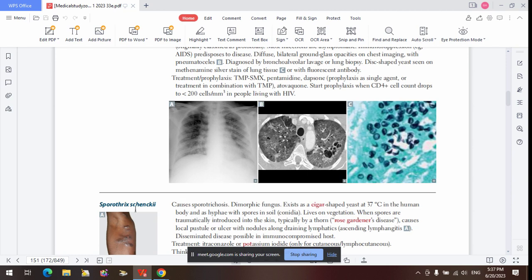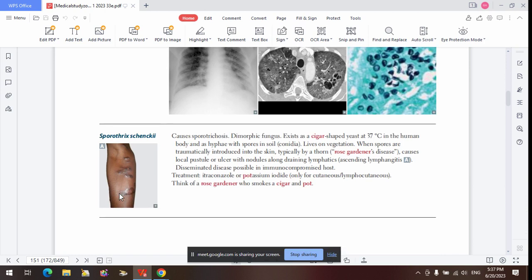You find this mold form of Sporothrix schenckii on some plants, some vegetation, particularly rose flowers. That's where it thrives.